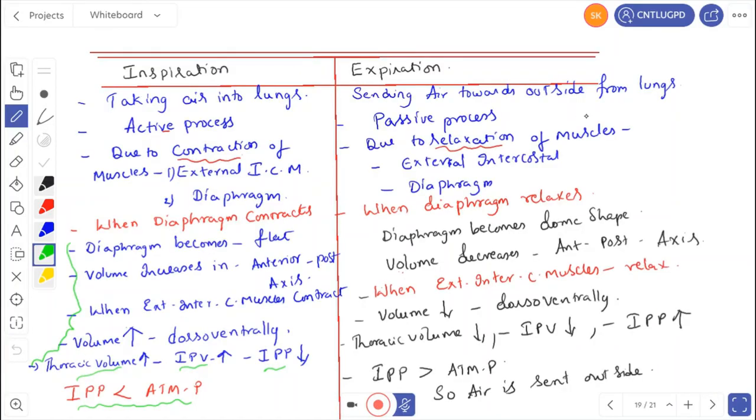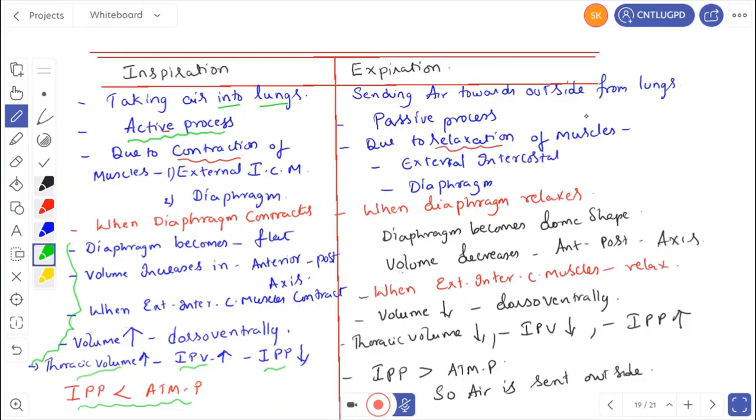Inspiration and expiration. What is meant by inspiration? Taking air into lungs is called inspiration. Inspiration is an active process. Why is it an active process? Because here the contraction of muscles occurs, and energy is utilized in the contraction of muscles, so we call it an active process.